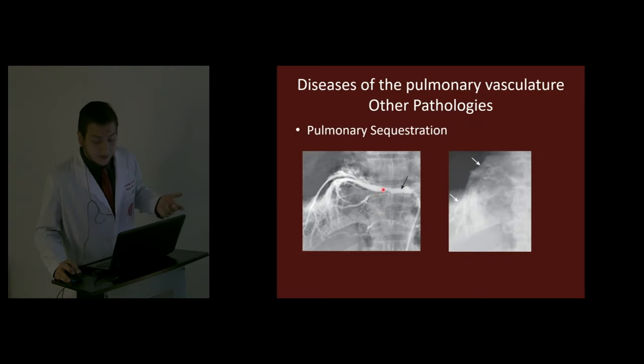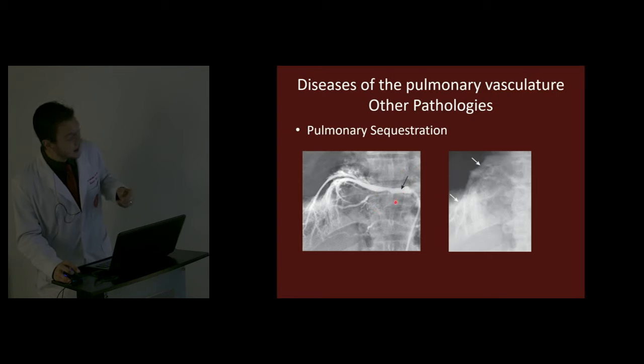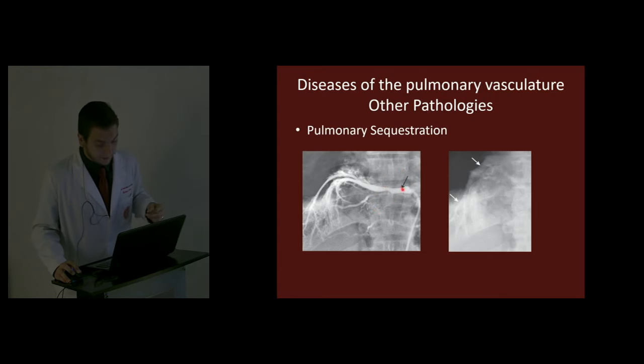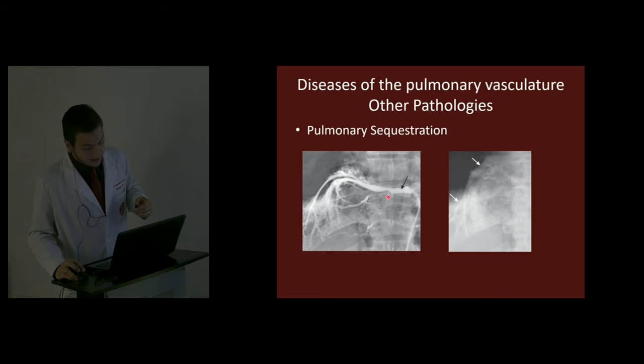Pulmonary sequestration is another type of pathology that we can have in arterial diseases, and it is characterized by a portion of the lung that has no connection with the bronchi or pulmonary arteries, and it derives its major blood supply from an aberrant system, as explained here in this angiography.